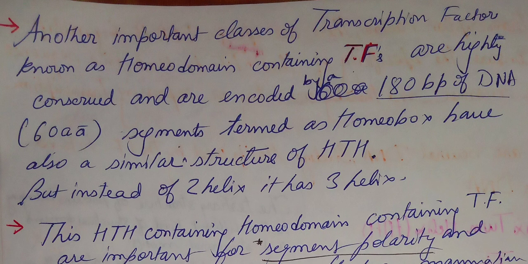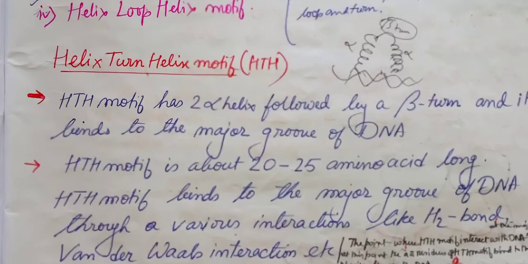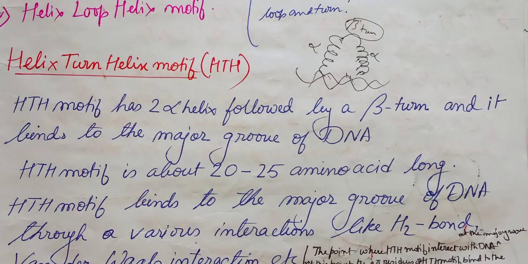Remember, I have said just now, normally the helix turn helix motif has two alpha helix followed by a beta turn and binds to the major groove of DNA.